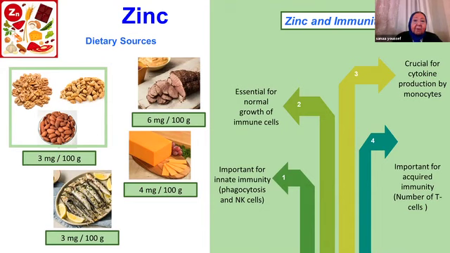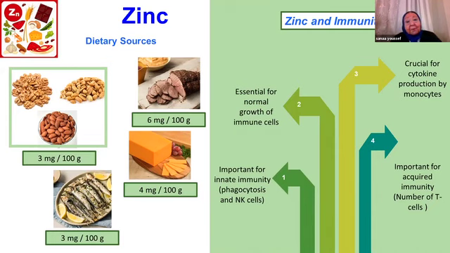Zinc is responsible for multiplication of any type of cell in your body, and it plays a crucial role as a cofactor in many of the chemical reactions in your body. It is also crucial for cytokine production by the monocytes and important for the acquired immunity, whether the number of the T cells or their function.